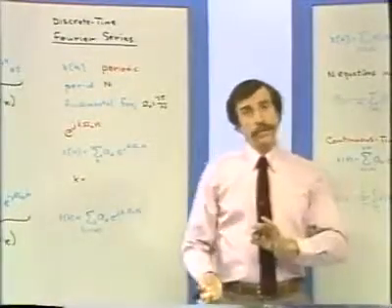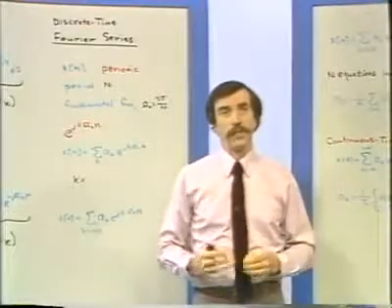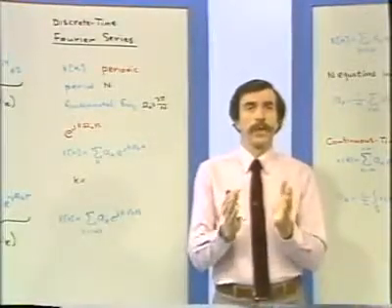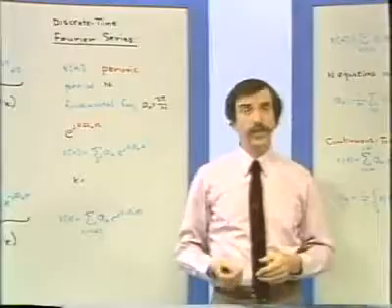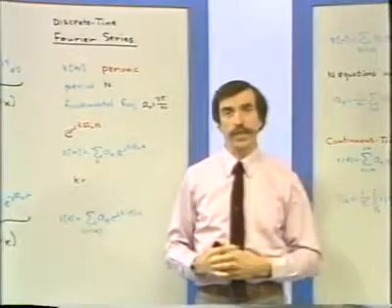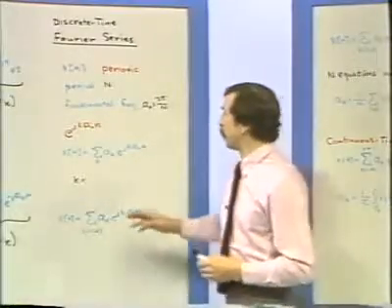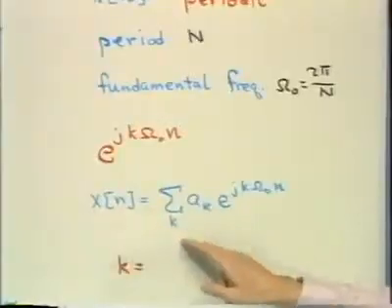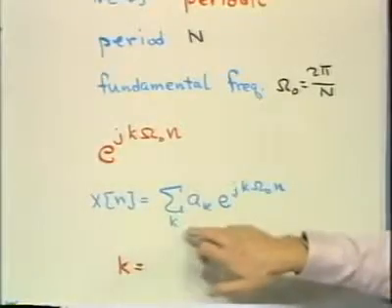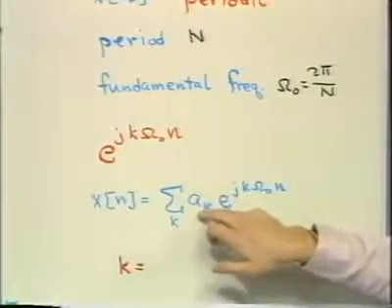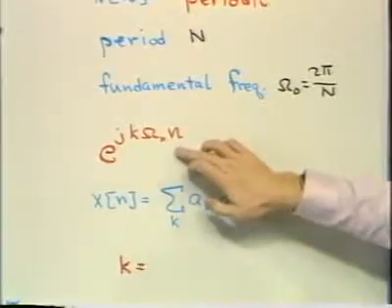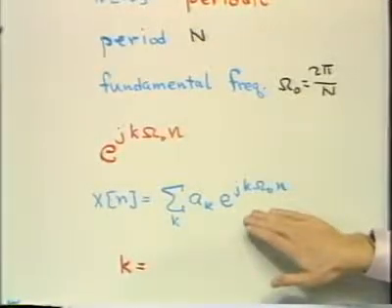Now, again, just as we did in continuous time, we can consider attempting to build our periodic signal out of a linear combination of these. And so we consider a periodic signal which is a weighted sum of these complex exponentials.